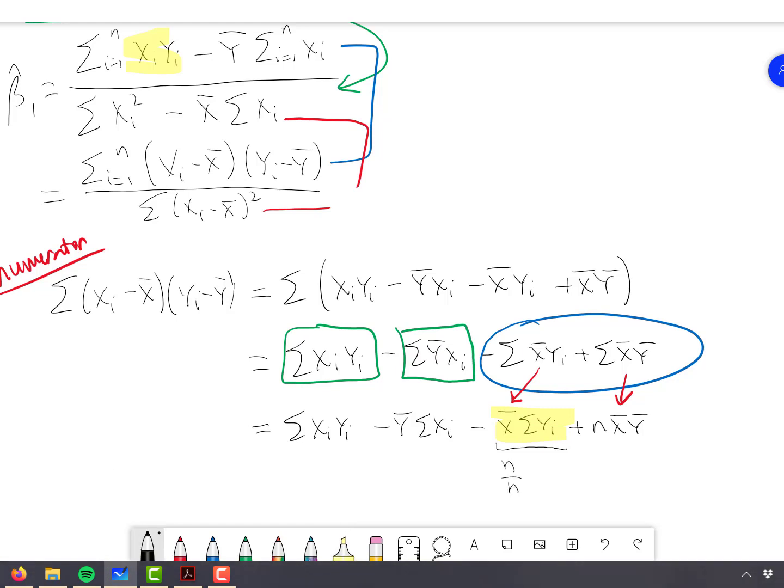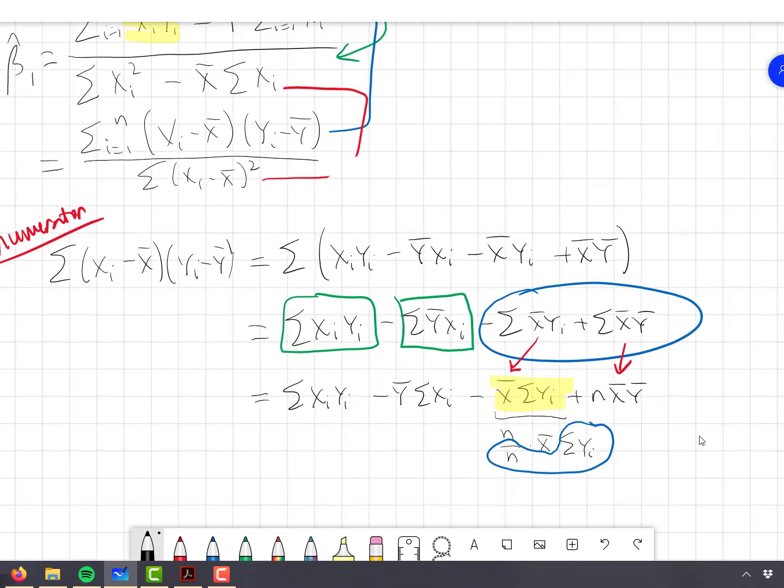We can multiply each part n by n over n. So that's really multiplying by 1. And when we do this, what we see here is that if we take into account our y bar divided by n, we have the mean of n, actually the mean of y.